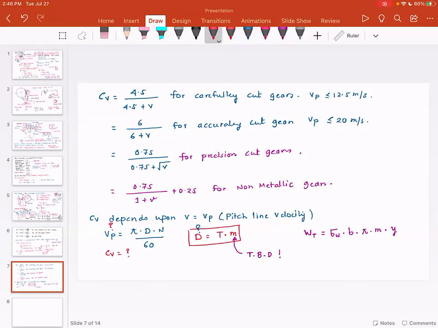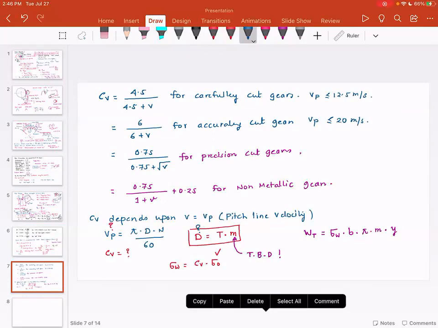Since the velocity factor is unknown, that leads to sigma W, which is CV multiplied by sigma O. Sigma O is known. CV is unknown. Sigma W is unknown.